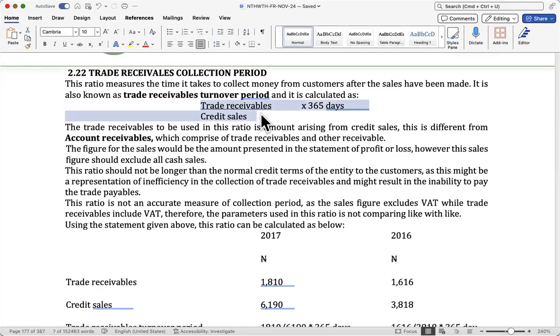That would give you your collection period. As far as this ratio is concerned, of course, the shorter, the better for an entity. An entity that has a short collection period is best because that means you are collecting your money early enough from your customers. So the shorter, the better for your trade receivables collection period.